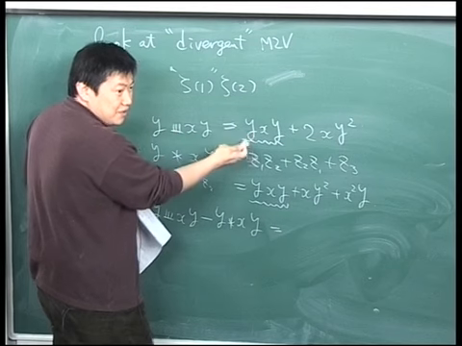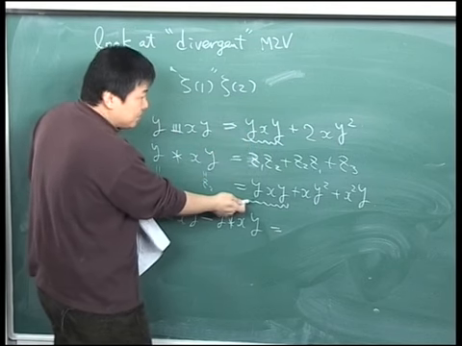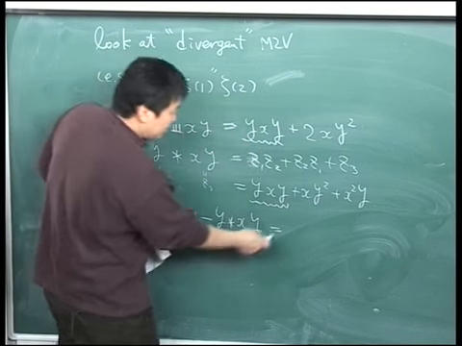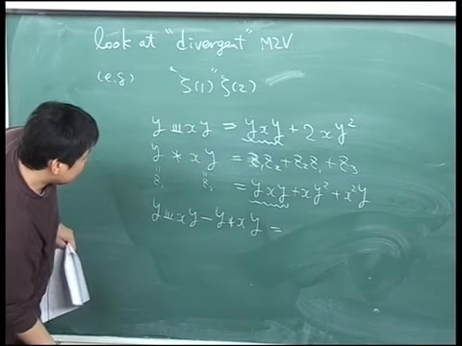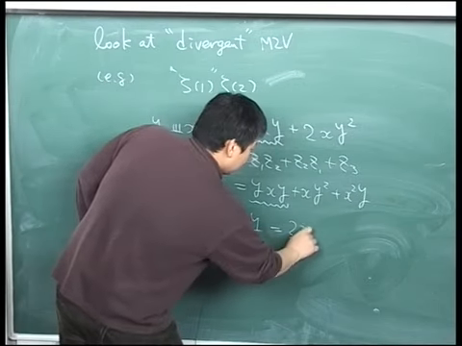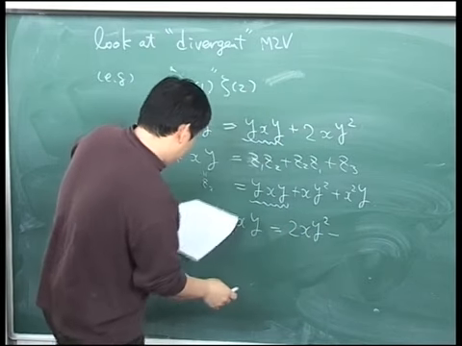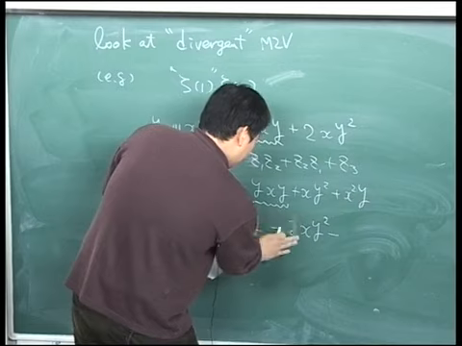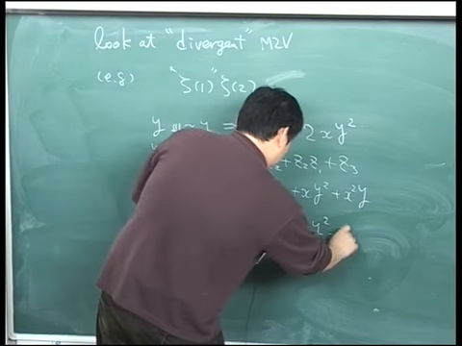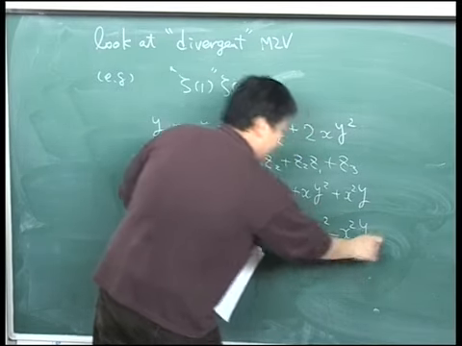But fortunately, we have a cancellation here by taking the difference. So the difference becomes 2xy squared minus x squared y.